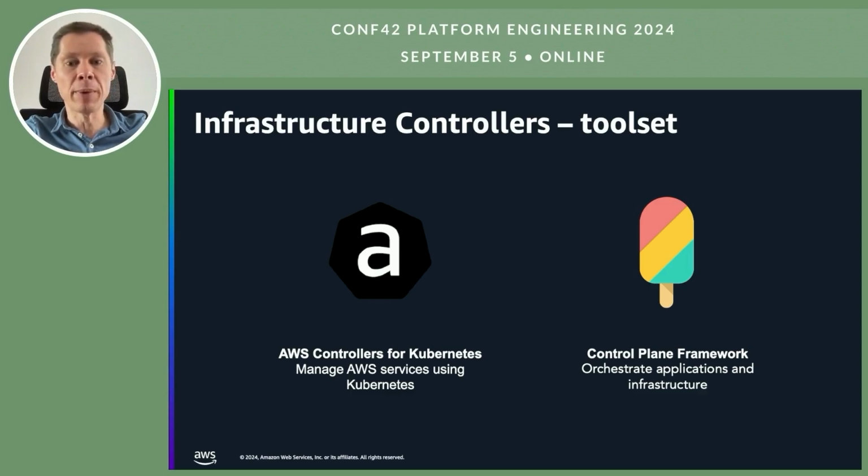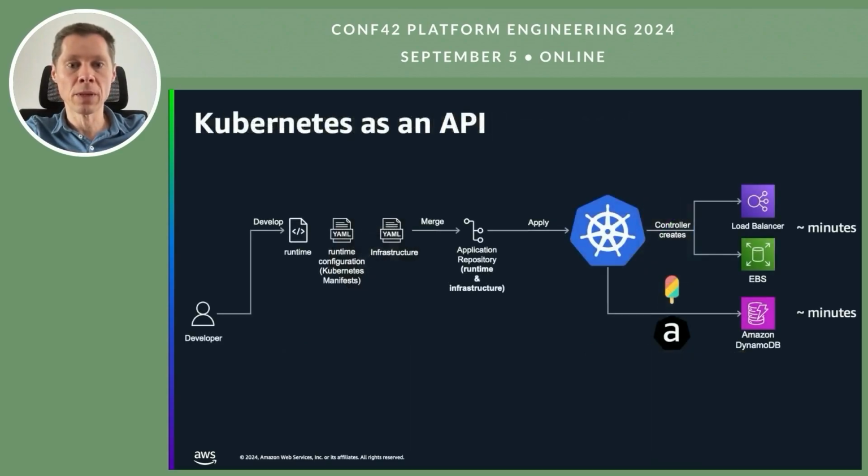ACK is developed by AWS. It enables the management of a variety of AWS resources, AWS services, and it is supported by AWS. Crossplane is a CNCF open source project with an extensible framework and has a broad community around it.